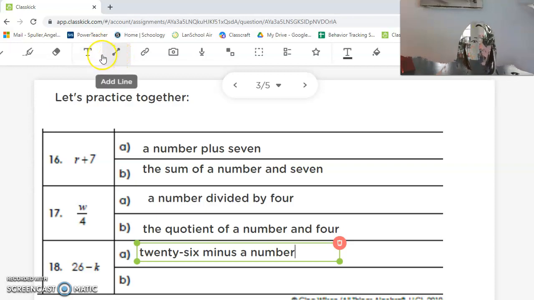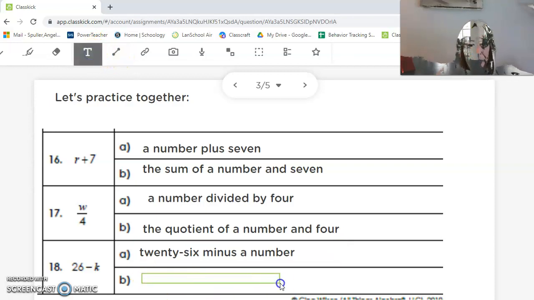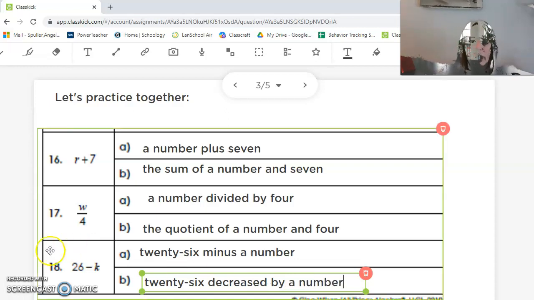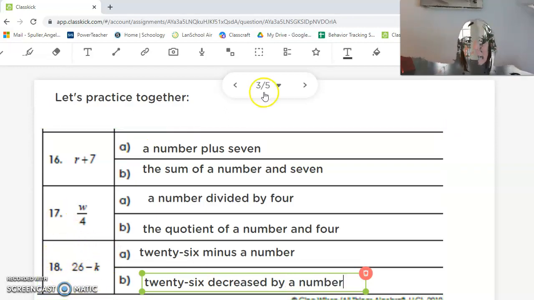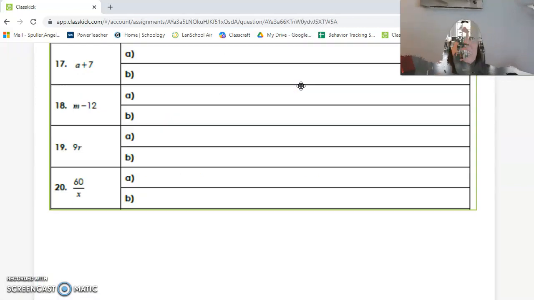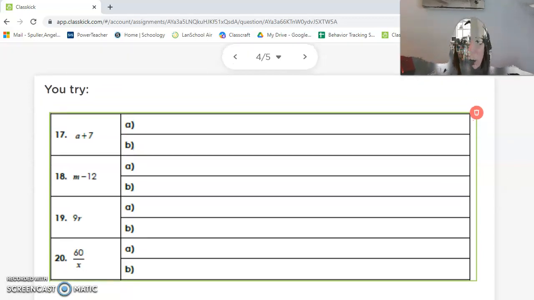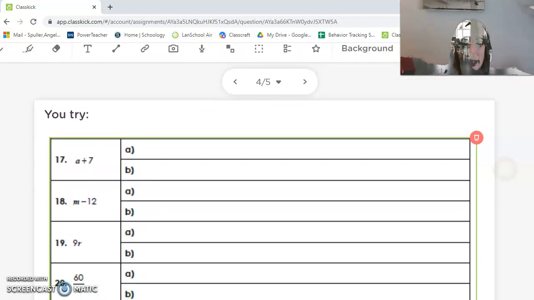We can also say 26 decreased by a number. Decreased means less, because 26 is what's getting made less. Now it's your turn to practice. Go ahead and pause this video and try these 4, and then come back and see how you did.